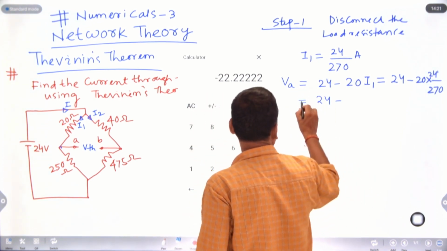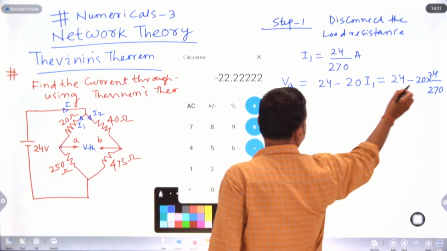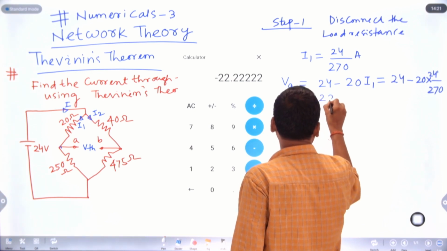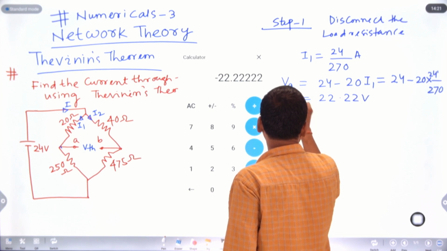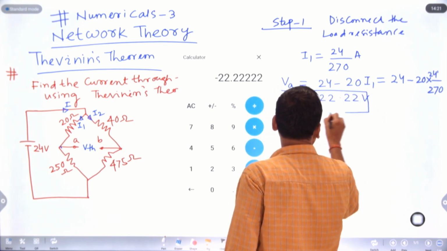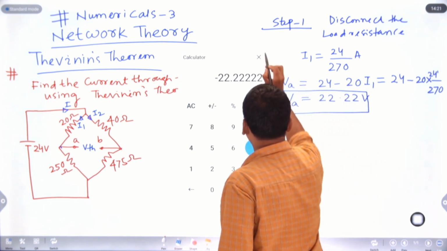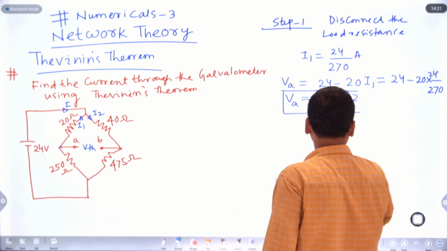So VA equals 22.22 volt. This is your VA. Then we will calculate VB.